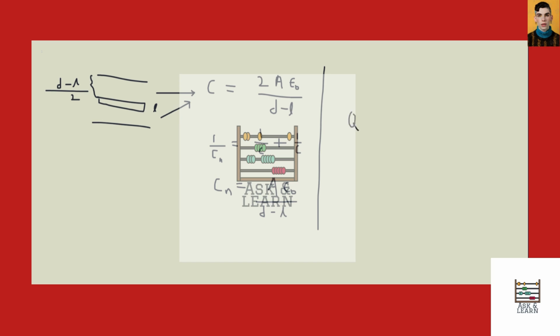Q equals CV naught, or just CV is enough. So that will be A epsilon naught V divided by D minus L.